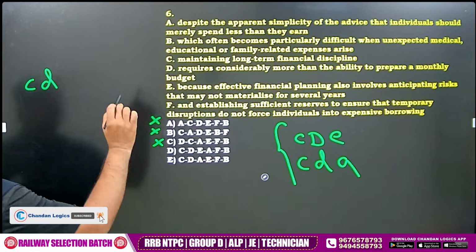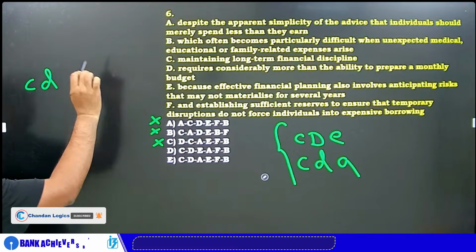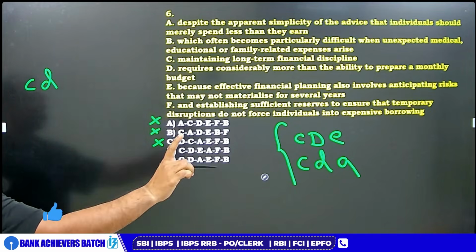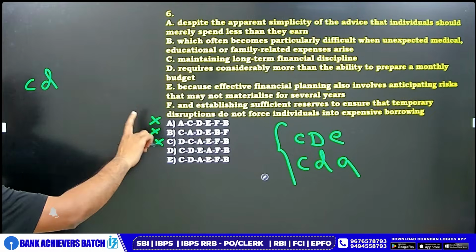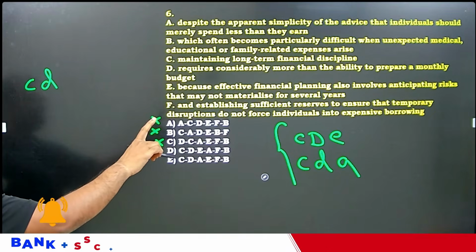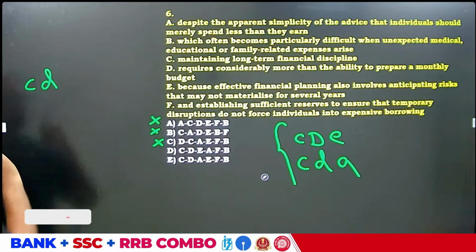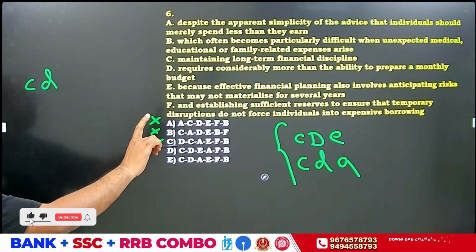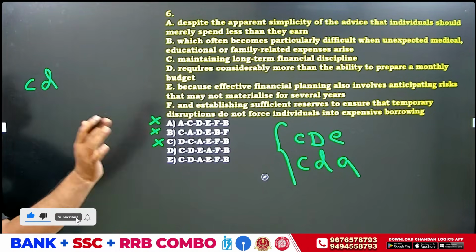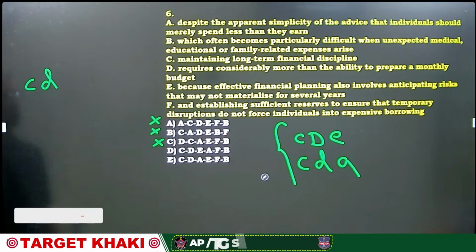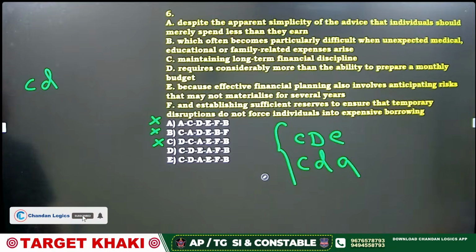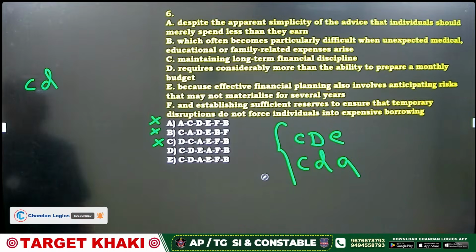For example, if you have to maintain financial discipline, that requires considerably more than the ability to prepare a monthly budget. You don't have to simply prepare a monthly budget and say, I'm ready. No, that requires something more than that. What do you require something more than that?